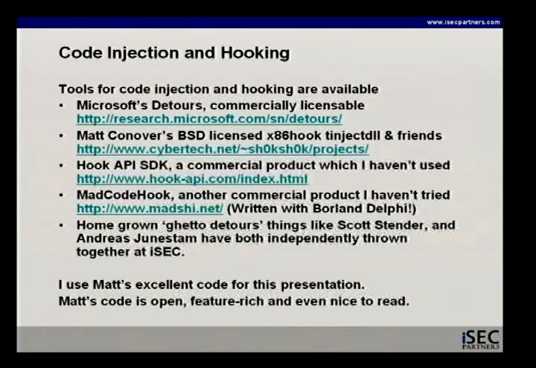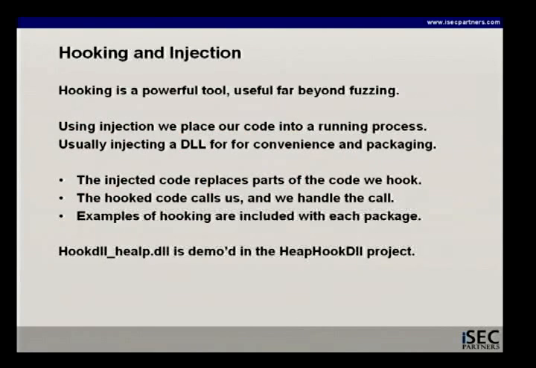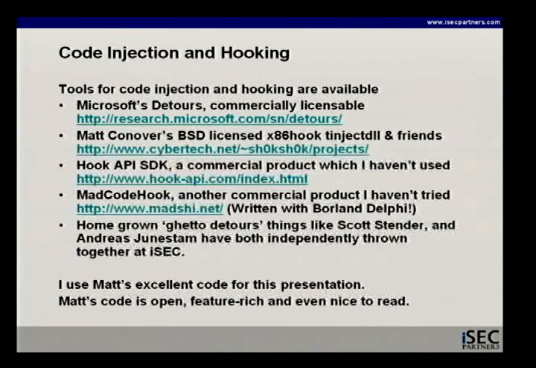Some people like Scott Stender and Andreas Wiestam from iSEC have done that. If you're that kind of adventuresome person, go ahead. But my goal here is to do this quickly and not necessarily explore the world of hooking. So I'm just going to use Matt's excellent code and leave those other ones be. But certainly different libraries might be appropriate for you.